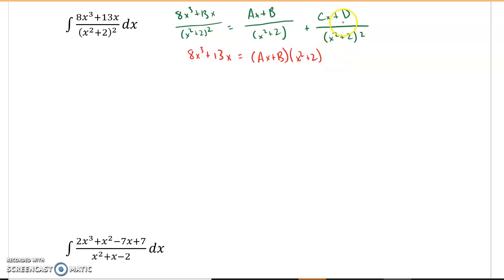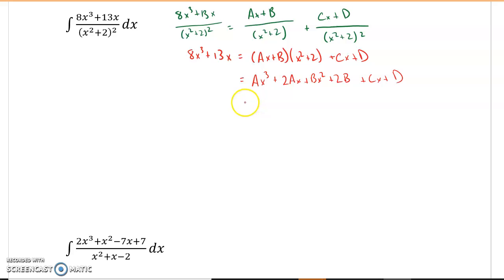And over here, both of the factors get canceled out, so we get cx plus d. All right, so rewriting the right side of the equation, when we distribute, we get ax cubed plus 2ax plus bx squared plus 2b plus cx plus d.